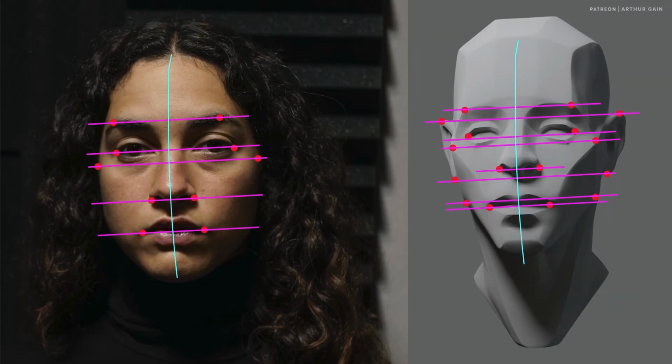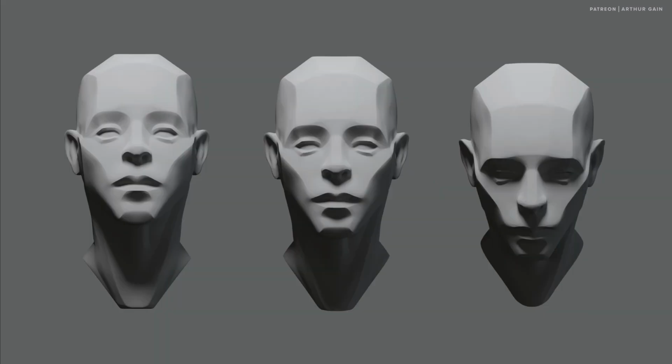Okay, so another thing is the placement of the ear. Normally, for an average person, I would say, the top of the ear and the bottom of the ear correspond with the bottom of the nose and the corner of the eye socket.